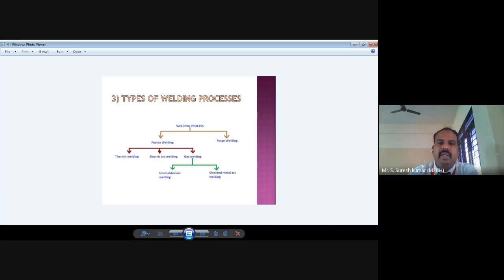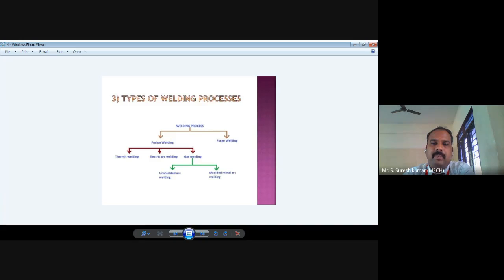In fusion welding, the two pieces to be joined are heated to the fusion temperature by an oxyacetylene flame or by an electric arc, and then joined together by additional filler material from a welding rod. It is the most used welding.